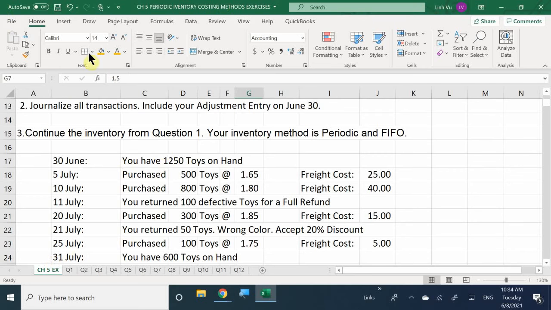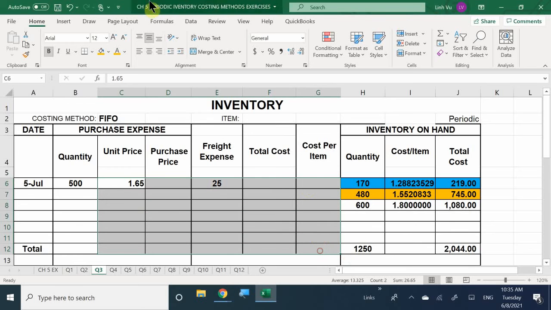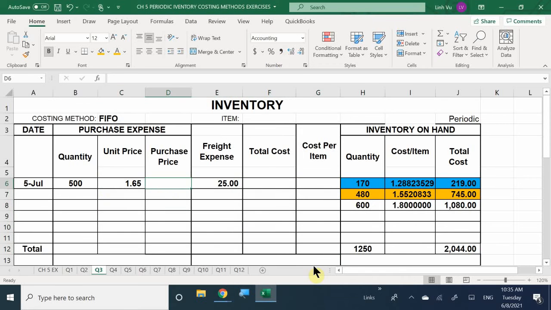Okay. So first things first, on July 5th, we purchased 500 toys at $1.65 with a freight costing me $25. So go to my inventory worksheet. July 5th, 500 units at $1.65 with a freight of, was it 25? Yes. Okay. So let's calculate. What's my purchase price going to be? $825.